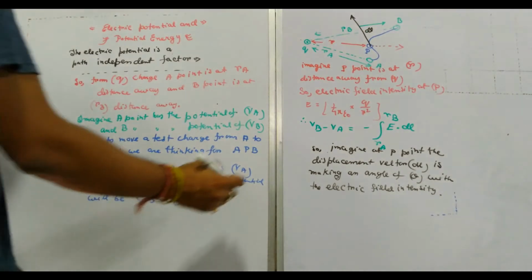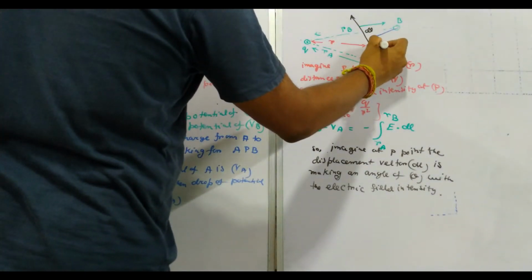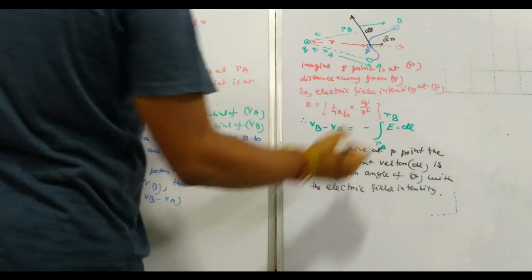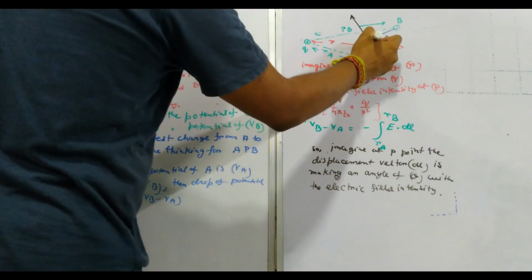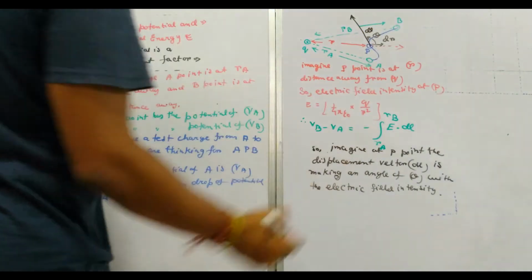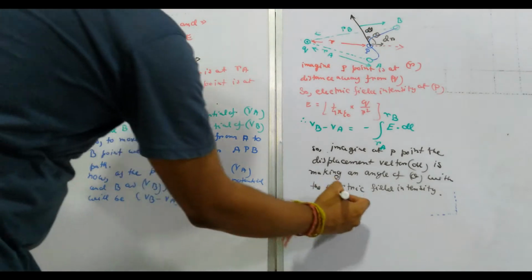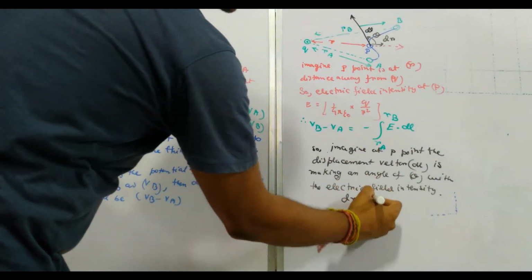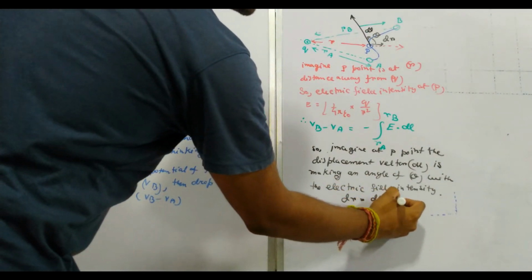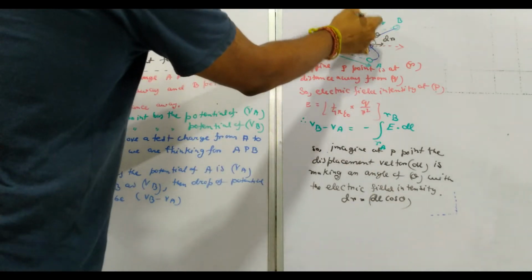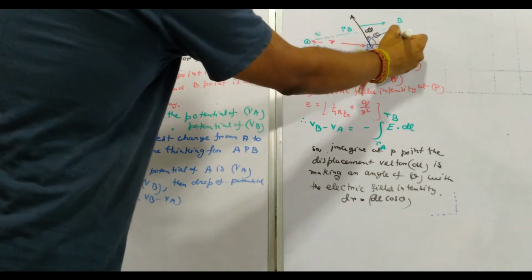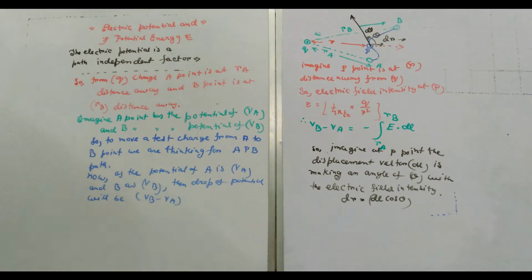Clear? So if it has a component along the electric field intensity as dr, and this angle is termed theta, then we can write dr is nothing but dl cos theta, because dl has the component in this direction and that will be measured with the help of cos.